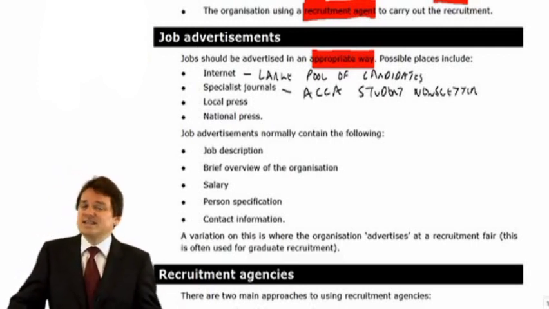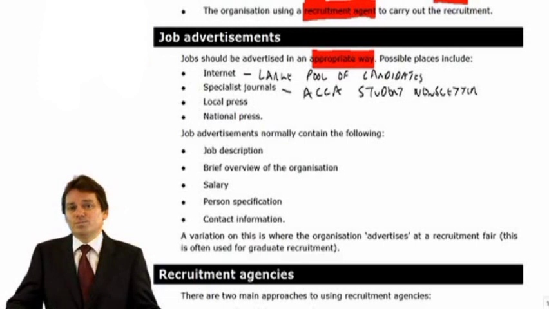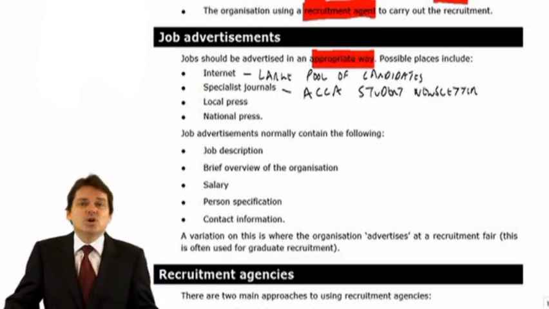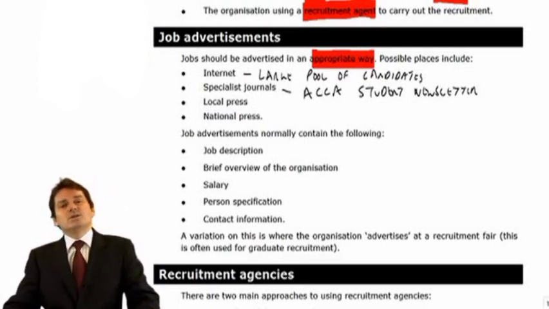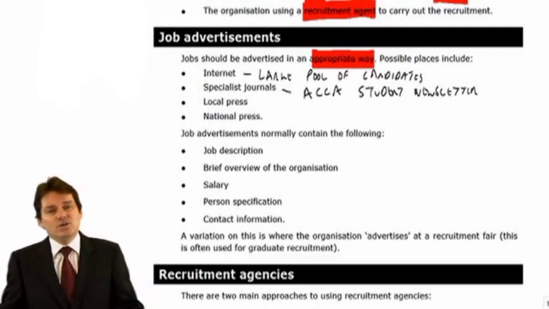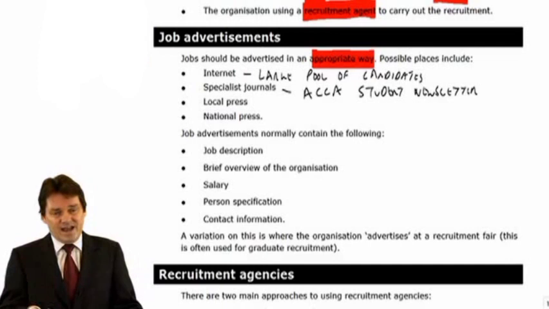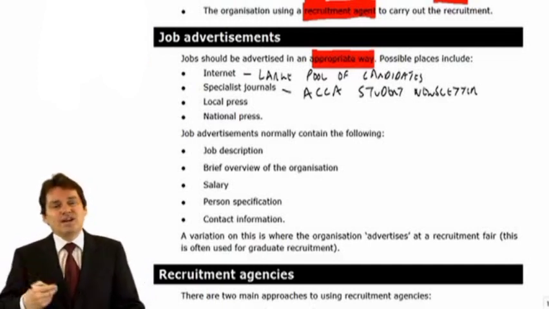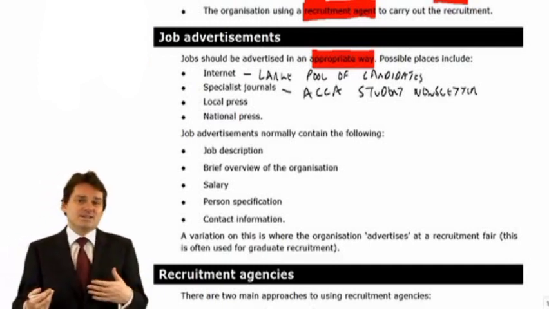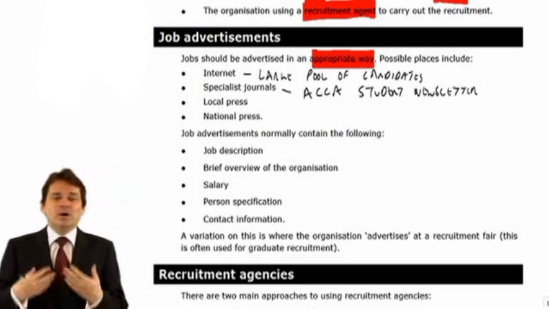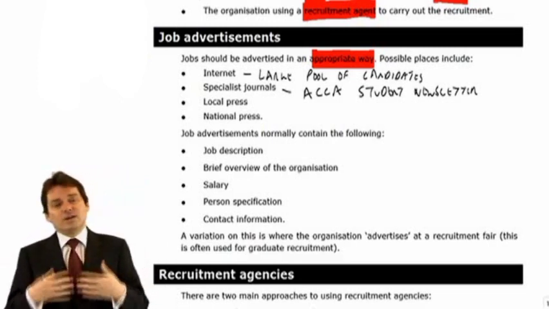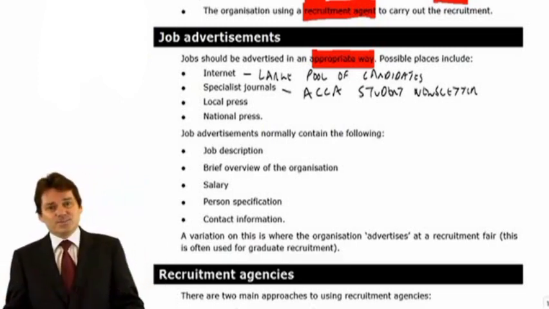The answer is obviously yes. What kind of jobs? Will there be accountancy jobs? Why would accountants advertise in the ACCA newsletter? Because they know that that newsletter is read by lots of potential trainee accountants. So it makes sense to advertise the job somewhere where there's going to be a lot of potential candidates.